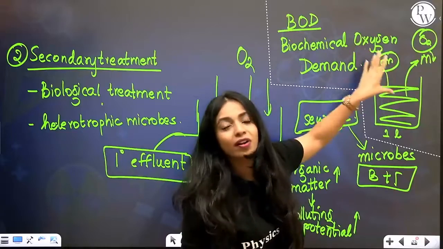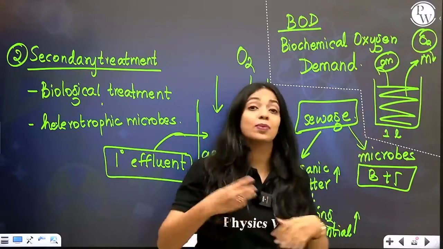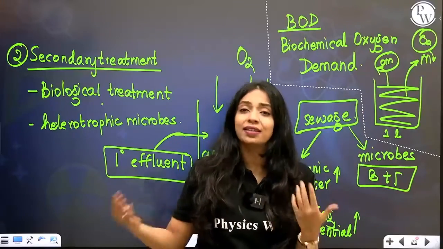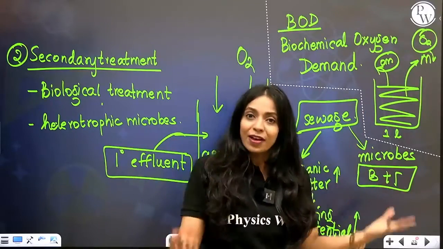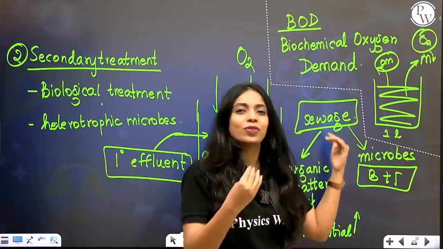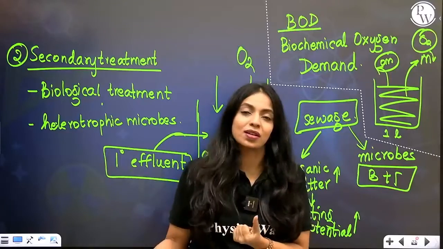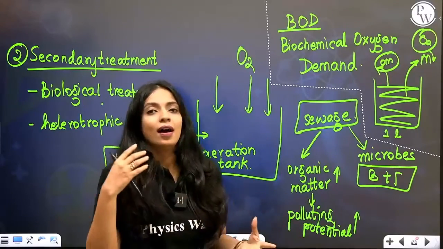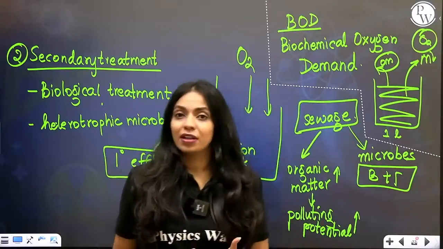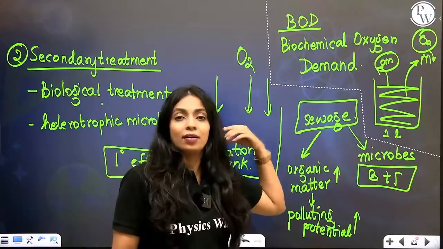Making use of this organic matter as food, the fungi and bacteria that is there in sewage, they will start growing and increasing in number. Eventually, BOD will reduce. As the organic content reduces, obviously BOD will reduce. As BOD reduces, polluting potential is reduced. So ultimately, once the BOD has significantly reduced, the effluent will be safe to be let into water bodies.